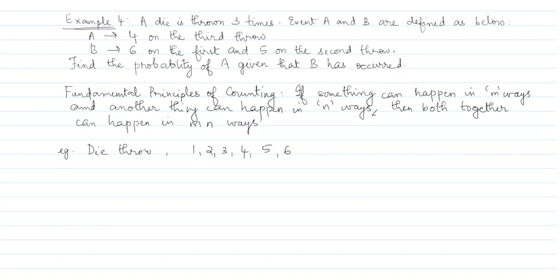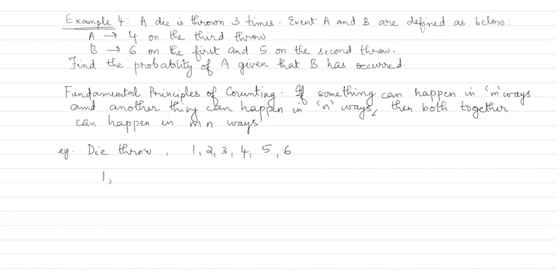These are the outcomes possible when a die is thrown once. When you throw the die a second time, it is possible you get all these outcomes again.